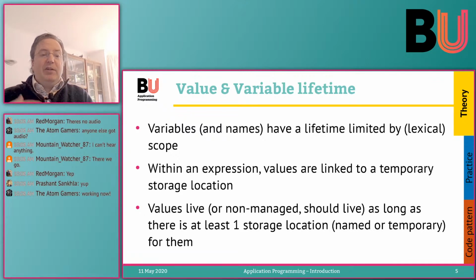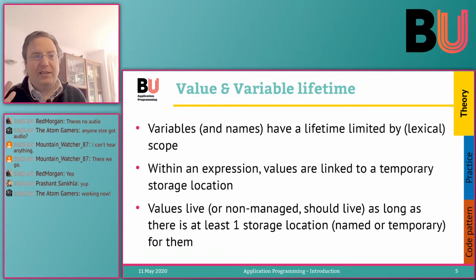So when you have a variable or a name in programming, you have a limited lifetime. It's limited by the scope, and in this case we call that a lexical scope. So look at your program and see which is the scope, which is the set of curlies in which this has been defined.